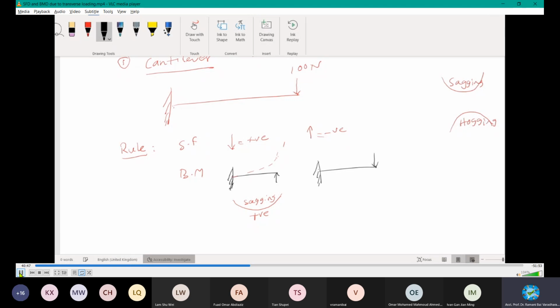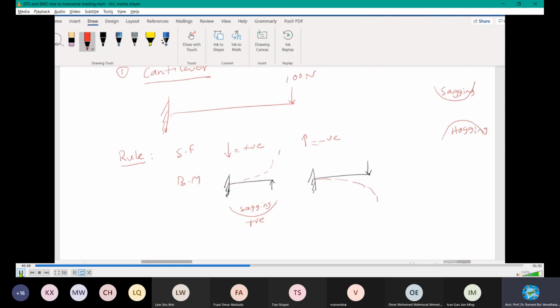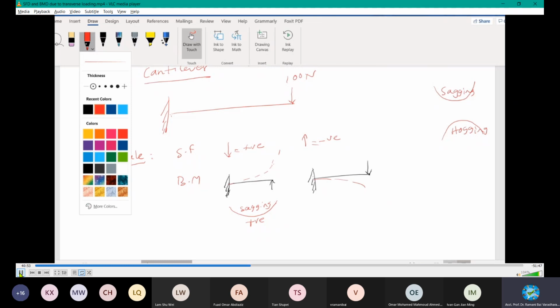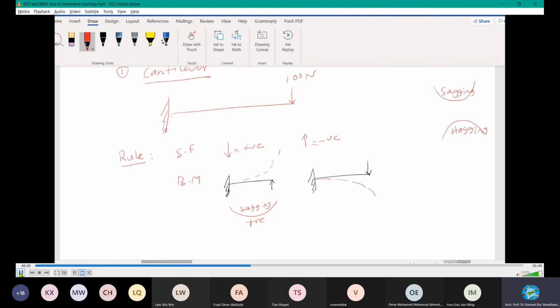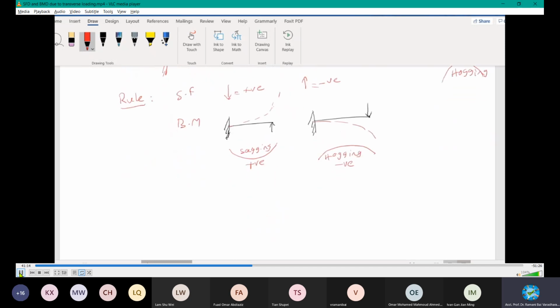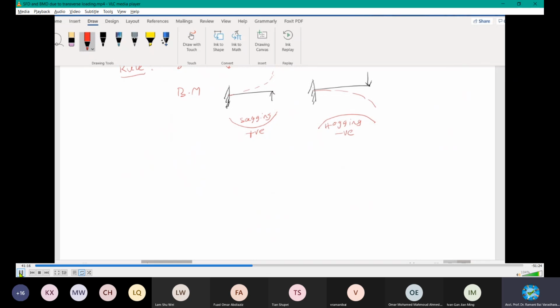In that case this is hogging type, which is like this. Hogging is taken as negative. Please remember these points when we do this analysis, which is very important for you.